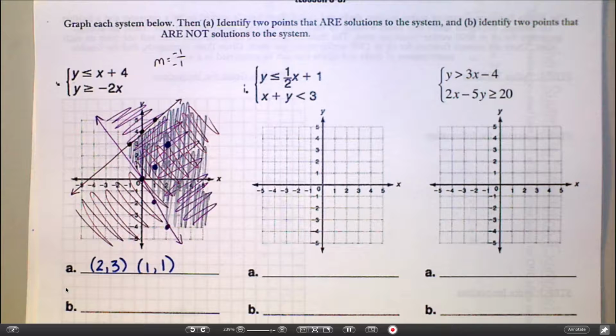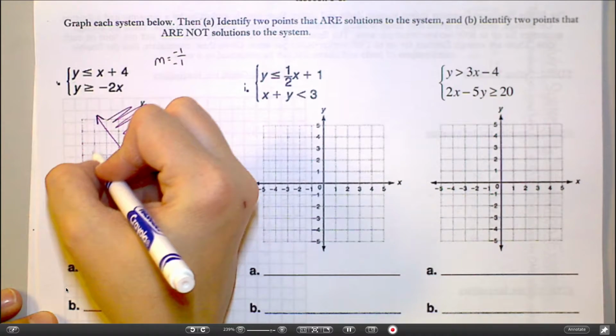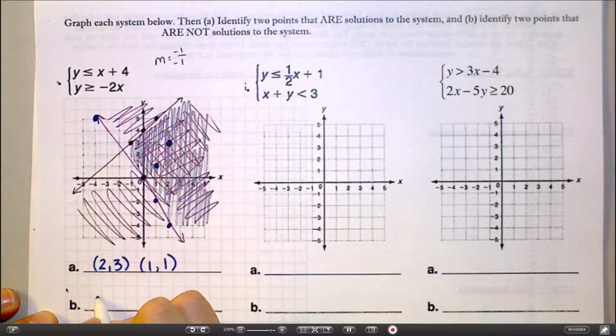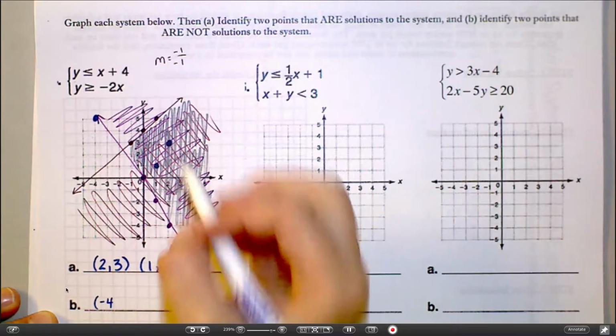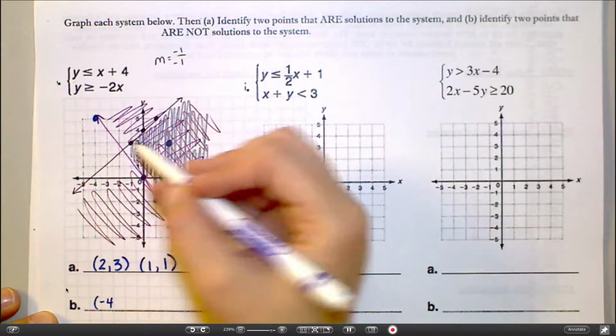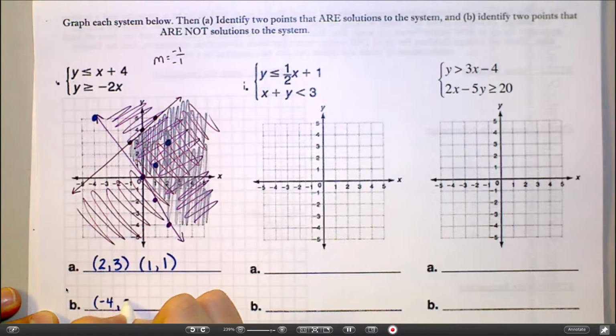What if I asked you to pick points that were not in the solution? -4, 5. Sure, anywhere else, right? So -4, 5. Not part of the solution. Well, maybe. Oh, I guess I drew my line a little off. You're right. -4, 5 would not be part of it.